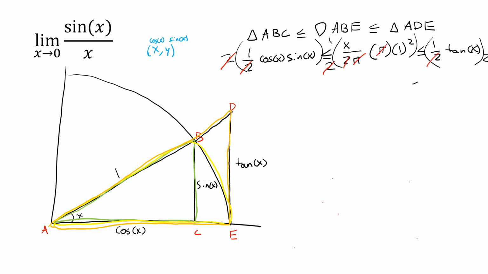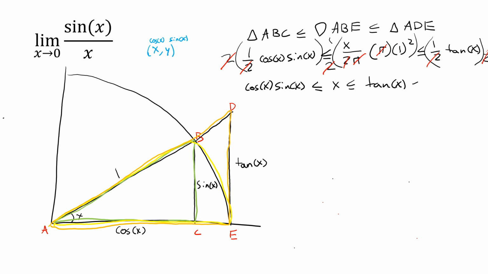So now we should be left with cosine of x, sine of x is less than or equal to x is less than or equal to tangent of x. So now we sort of want to get this in terms of sine of x over x.